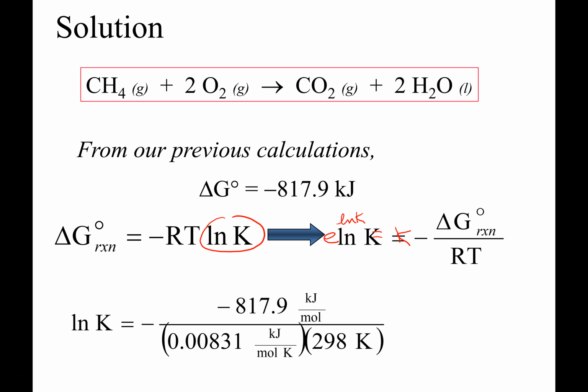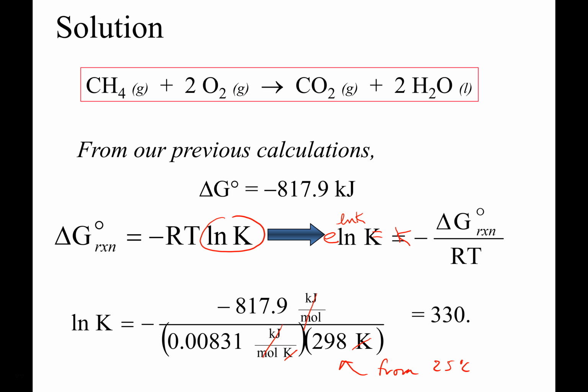And hopefully we're all okay that that 298 came from 25 degrees Celsius. Whew. Notice the units that cancel. So we have Kelvin, I love canceling units. Kelvin cancel here, kilojoules per mole cancel here. So we got a unitless number here, which is perfect. So you're going to get 330 with 3 sig figs.